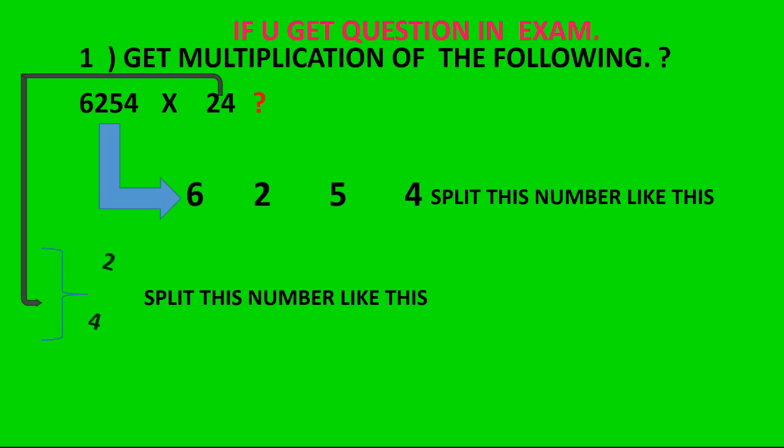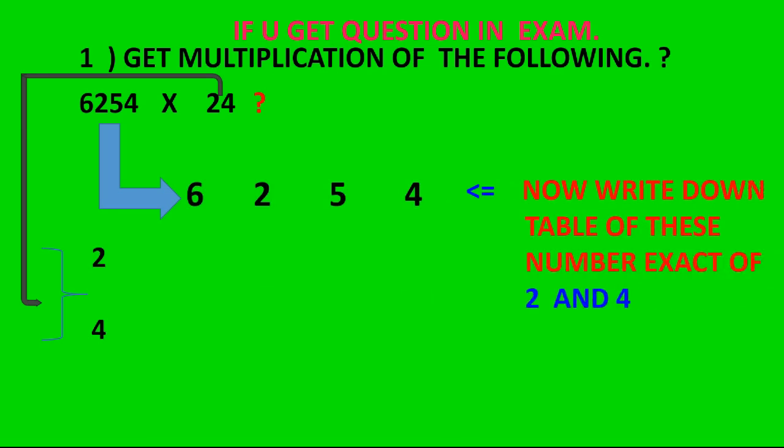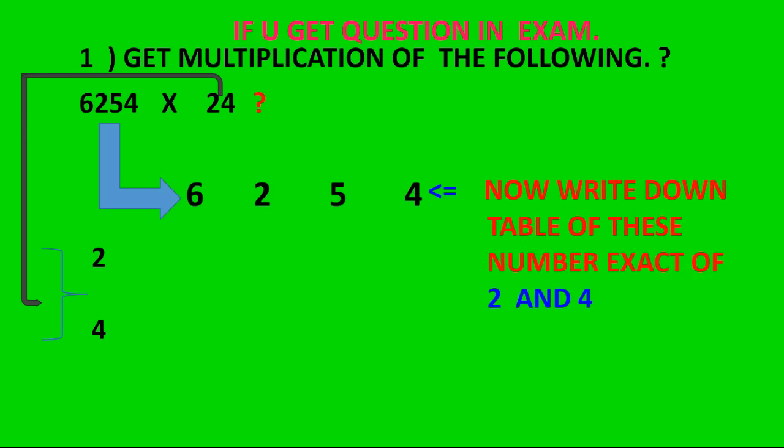Write 24 up and down, and 6, 2, 5, 4 horizontally but separately. Now write down the table of this number, exactly 2 and 4. That means multiply these numbers with 2 and with 4 also.